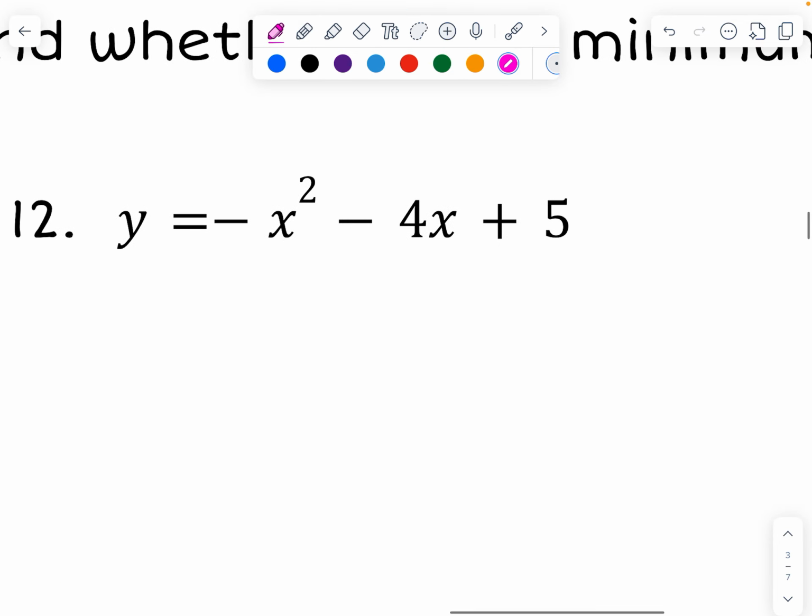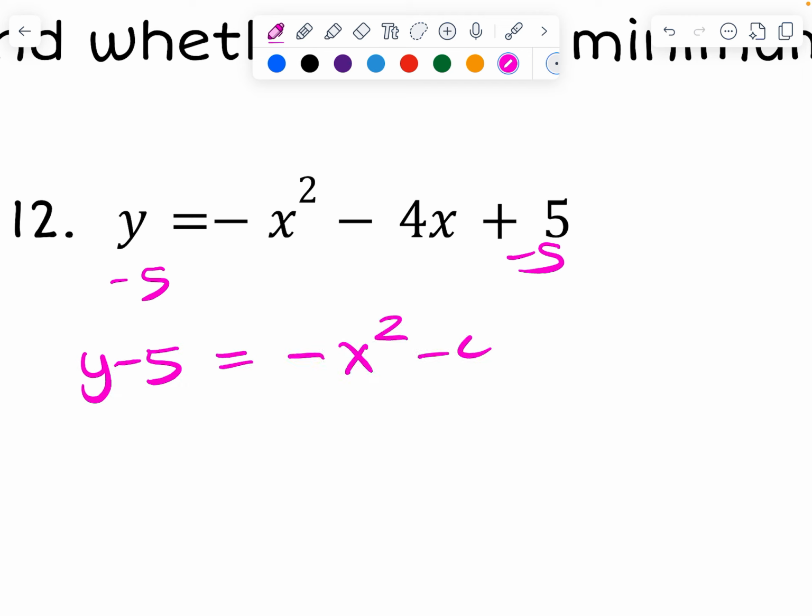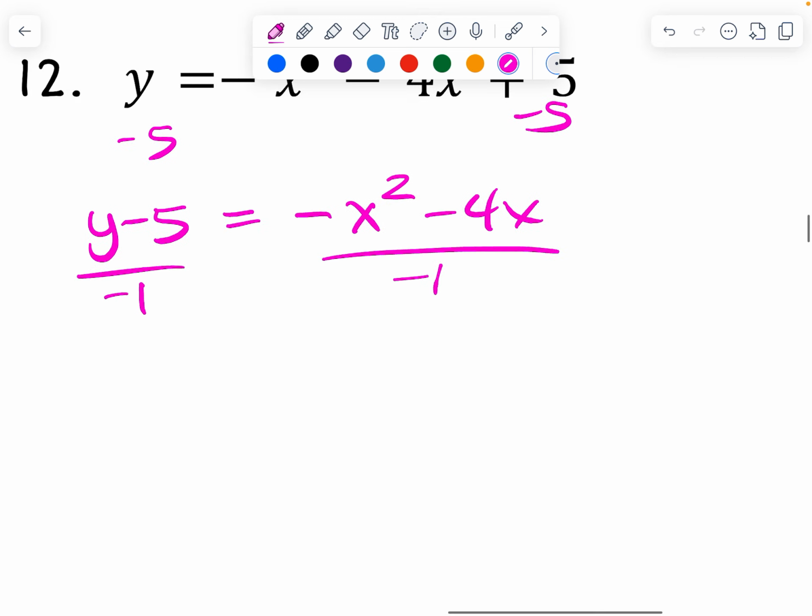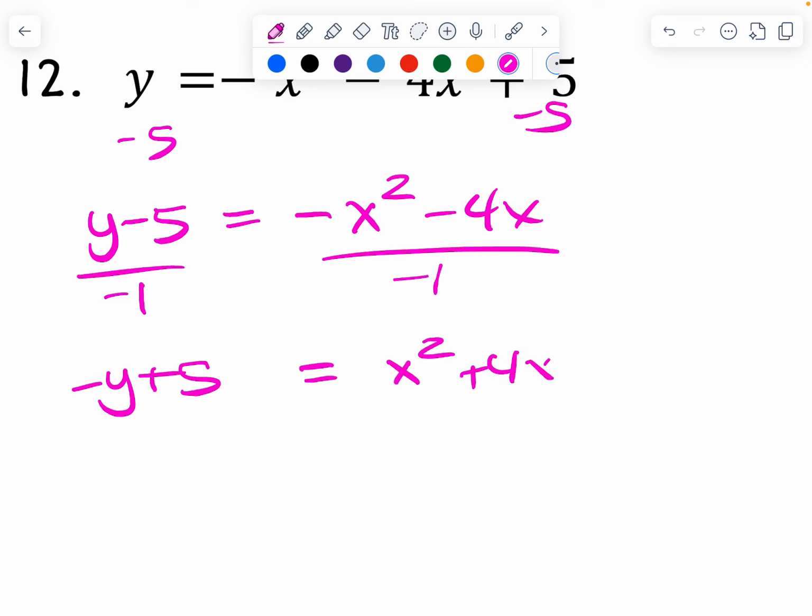Okay, over here. So I have y, oh, and subtract 5. Y minus 5 equals negative x squared minus 4x. Well, I'm going to divide everything by a negative 1. I'm going to get negative y plus 5 equals, oops, again I need to leave space, x squared plus 4x plus blank.